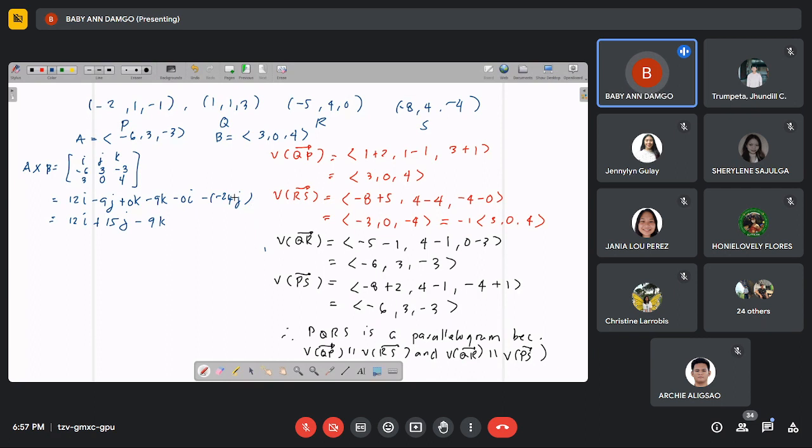But we are not done yet because we need to find the magnitude of A cross B. So the area of the parallelogram is equal to the magnitude of A cross B, which is the square root of 12 squared plus 15 squared plus negative 9 squared.